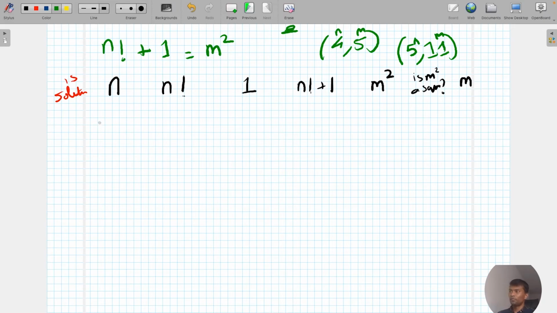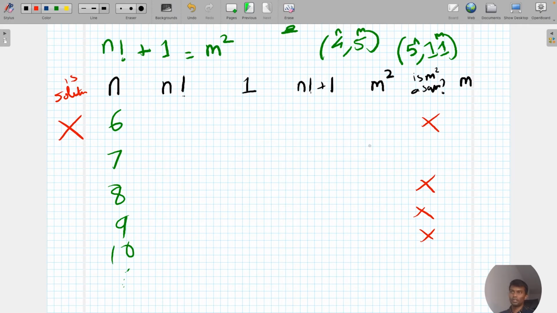We have tried till 5. We can continue working on 6, 7, 8, 9, 10, and so on. But here is the interesting find. Okay, for 6, this particular equation does not satisfy because the m square is not a square number. Again, for 8, no. For 9, 10, again no. But for 7, it does satisfy.